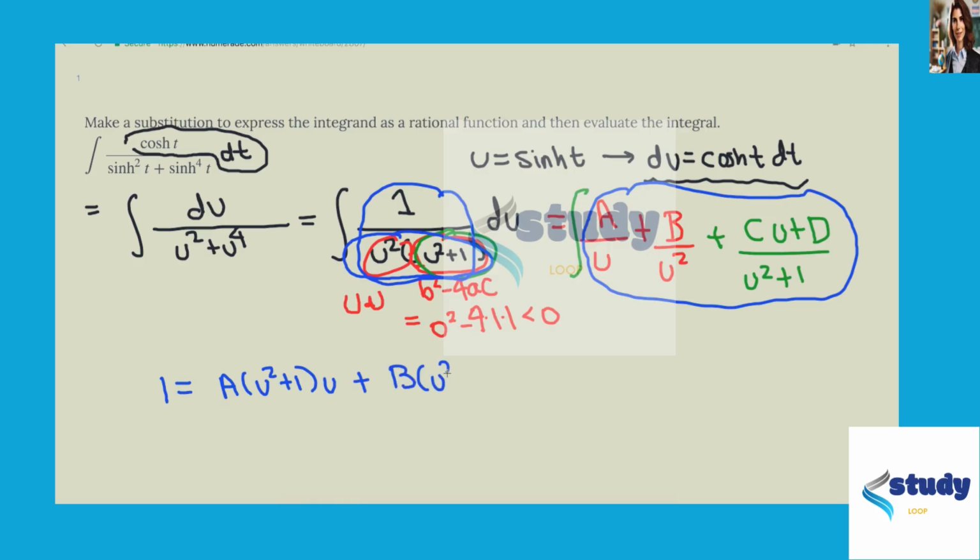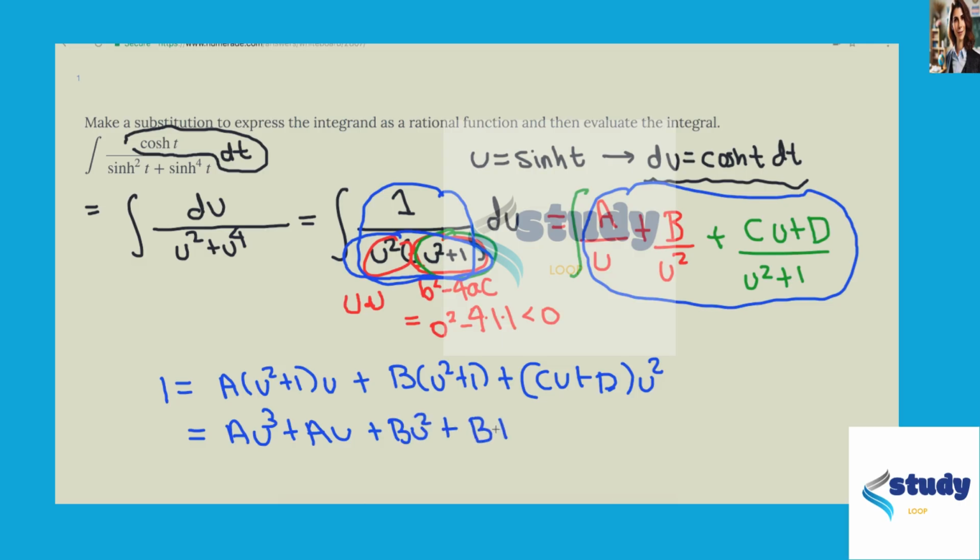B, u squared plus 1. And then cu plus d, and then times u squared. Let's go ahead and multiply this out. Au cubed, au, bu squared, b, cu cubed, du squared.